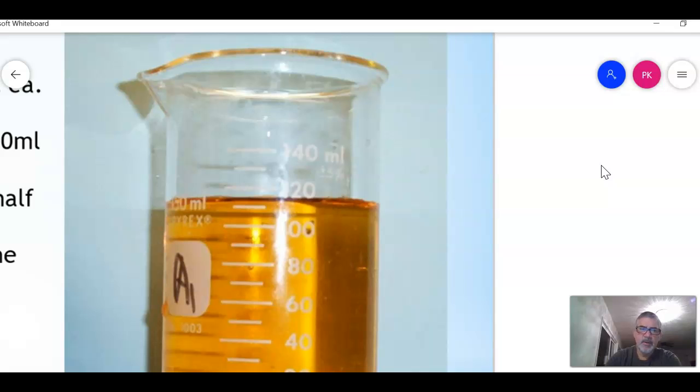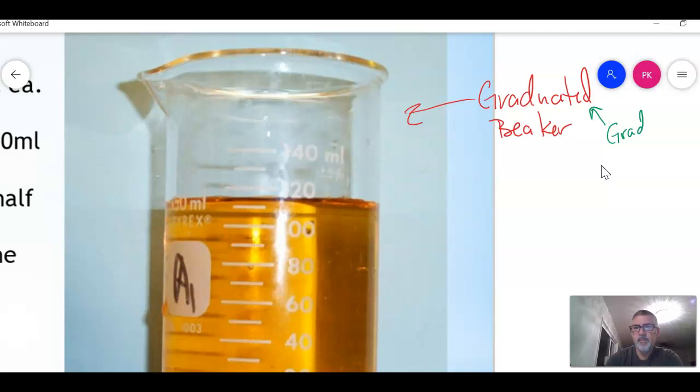So there's a couple things here. The lowest scale increment, right? First of all, this is a graduated beaker. And those graduations right here, graduations are lines of measure.